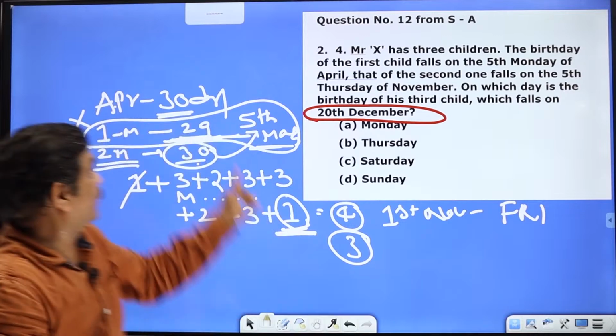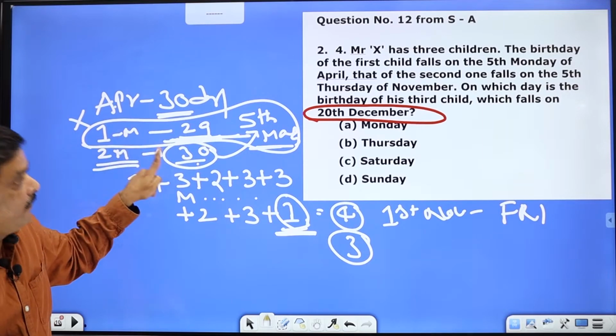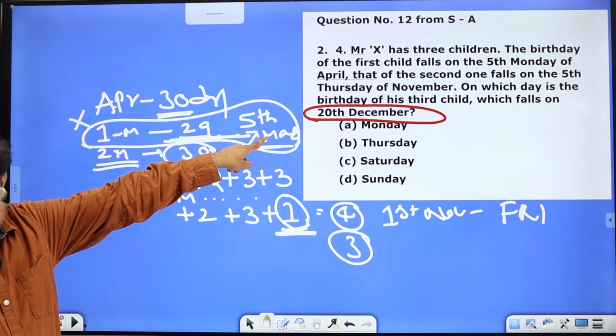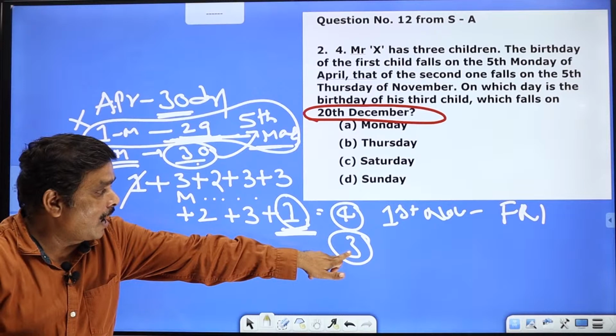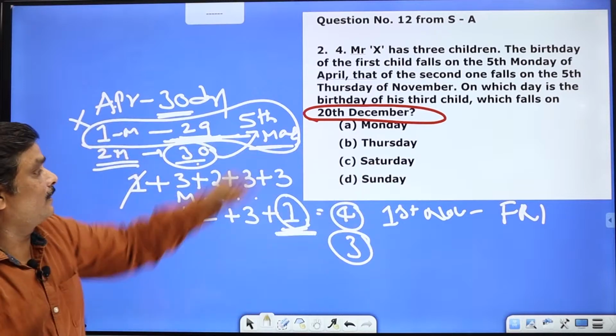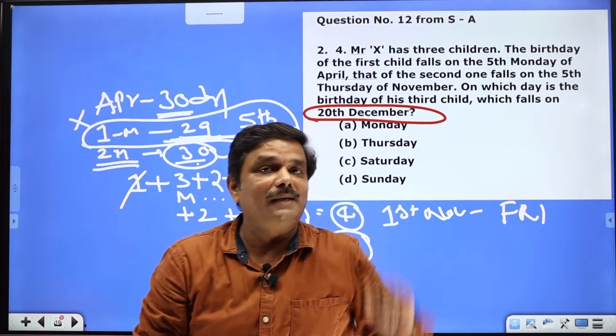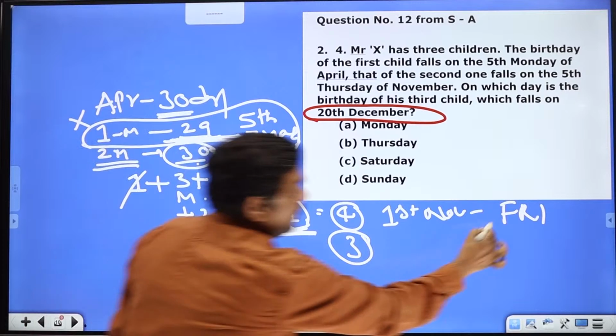What's the meaning of this one? We are going for 30th. If 30th is Monday in the month of April, then after 3 days, that will be November 1st. That means 30th is Monday, then 3 days, Tuesday, Wednesday, Thursday. November 1st will be Thursday.